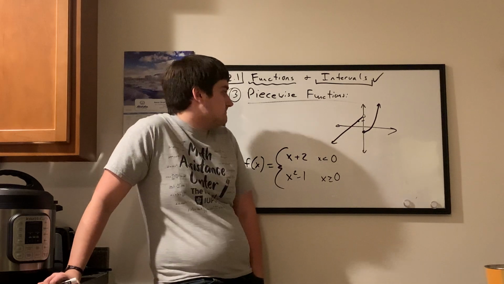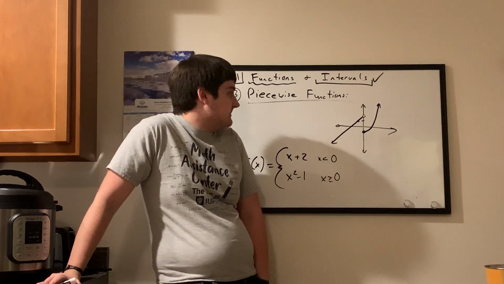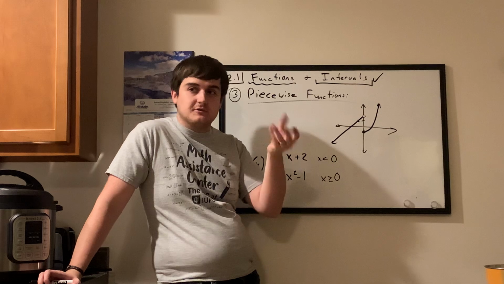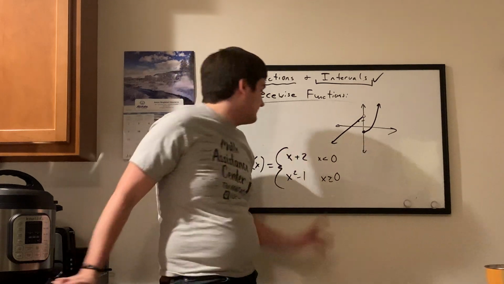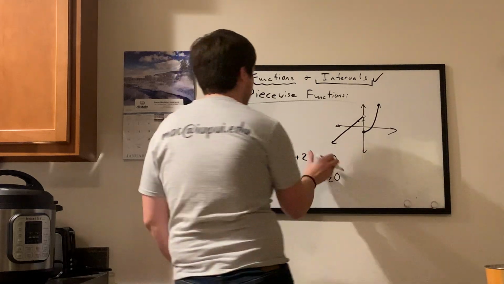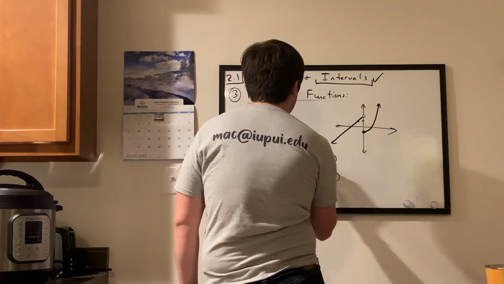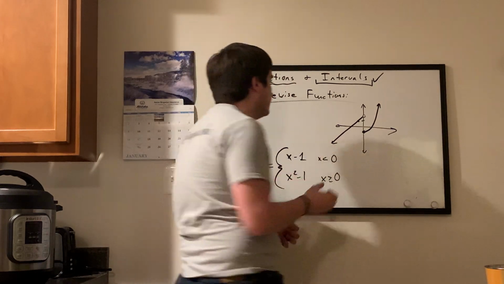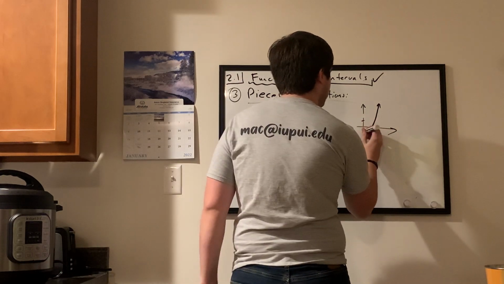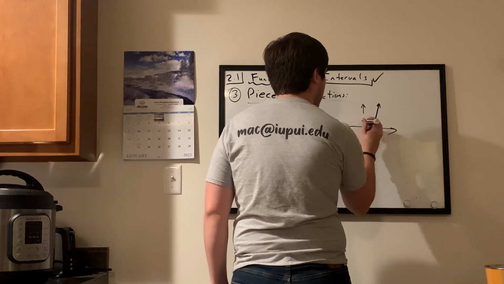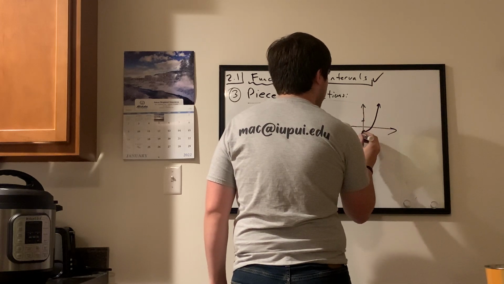Now, is it possible that I could combine these two graphs together? Yeah, absolutely. Maybe instead of x plus 2, I could say x minus 1. What would that do? I would have a y-intercept of 1 now, but that would act like a line.